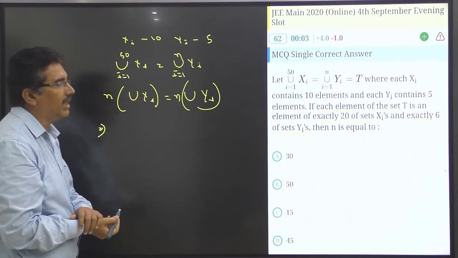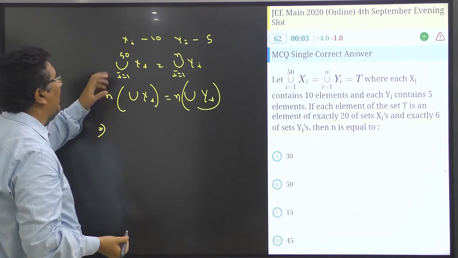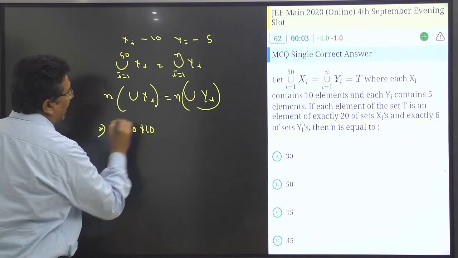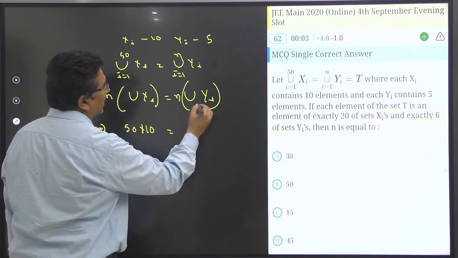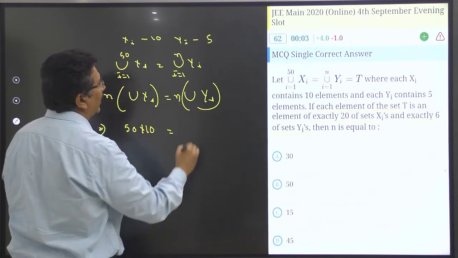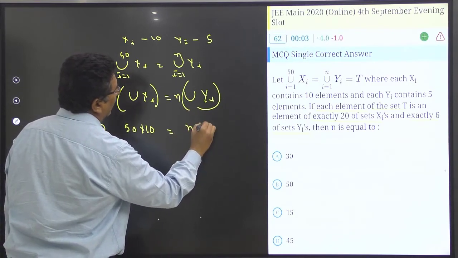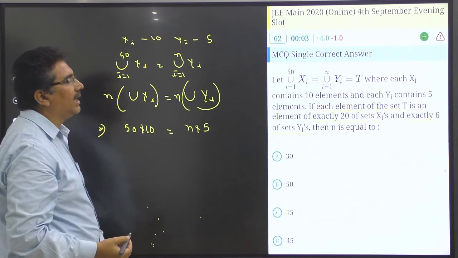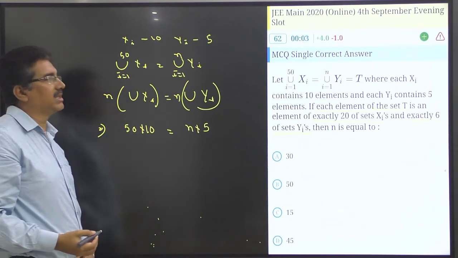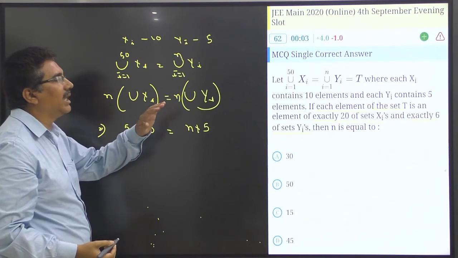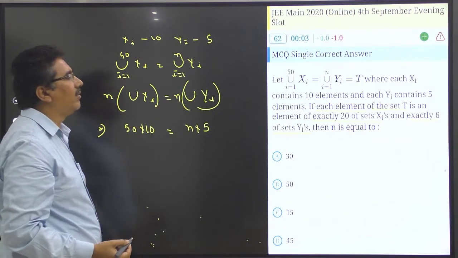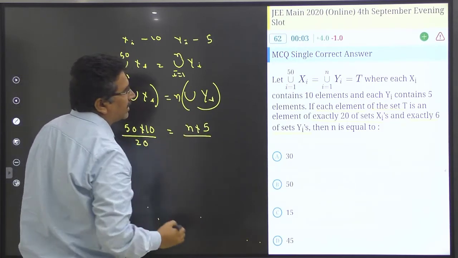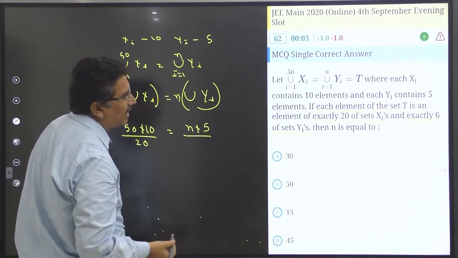Each set contains 10 elements, and there are 50 sets, so 50 into 10 is 500. Each Yi contains 5 elements, so n into 5. But each element of T is in exactly 20 of the sets Xi's, so we divide by 20.